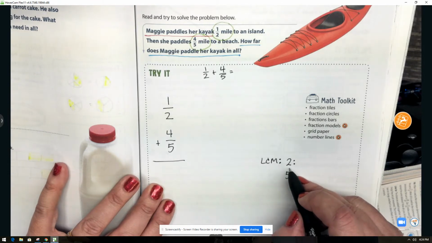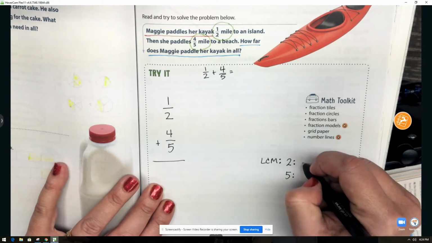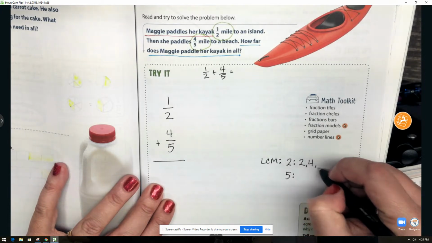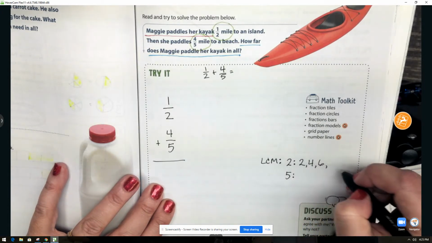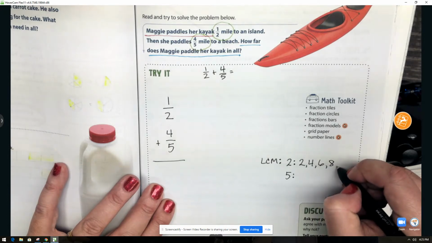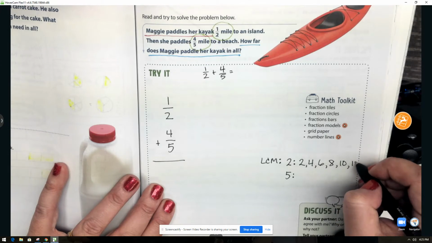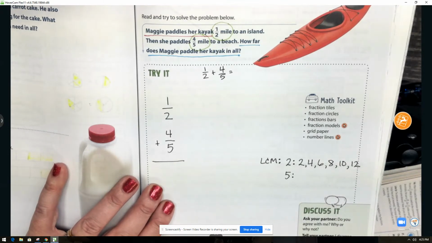So let's start with the multiples of 2. 2 times 1 is 2. 2 times 2 is 4. 2 times 3 is 6. 2 times 4 is 8. 2 times 5 is 10. 2 times 6 is 12. And then we'll stop there.